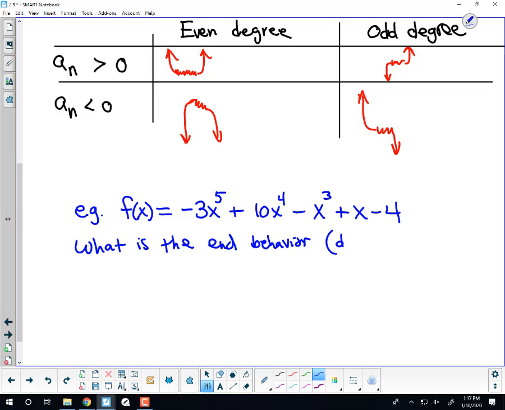Usually you just drew it. So what is the end behavior of that particular polynomial? Starting up and then ending down. Do you all agree? Yeah, so again, here's our leading term, odd degree, negative coefficient.